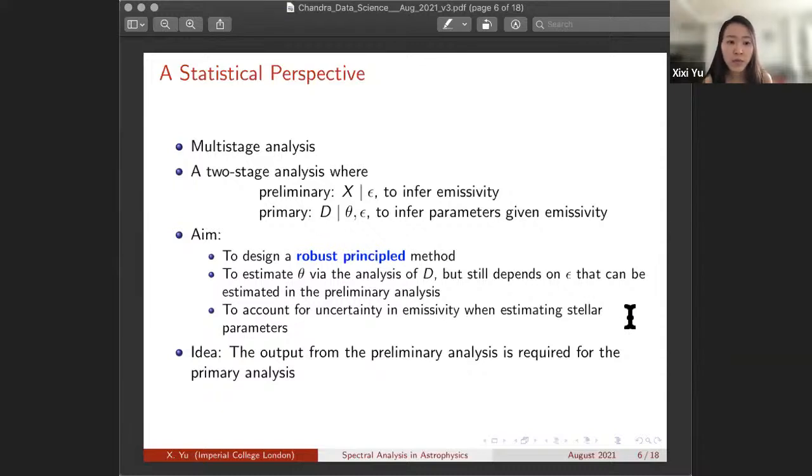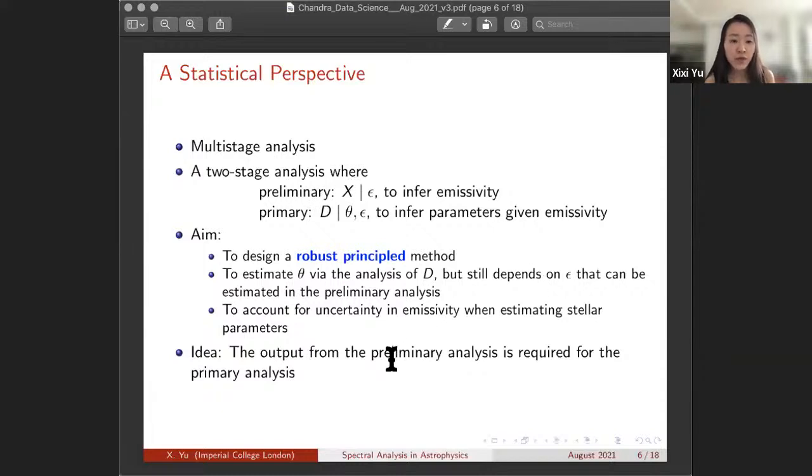And then we aim to design this robust principled method, and in the end estimate the plasma parameters via the analysis on observed photon counts. In the meanwhile, it still depends on emissivity of atomic data that can be initially estimated in the preliminary stage.